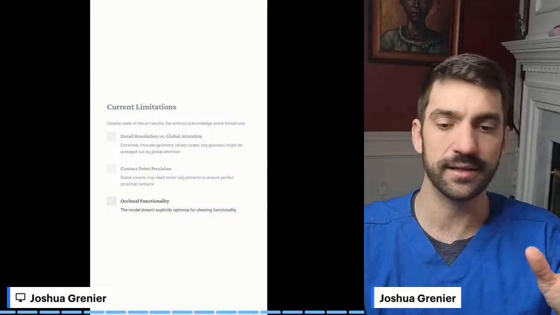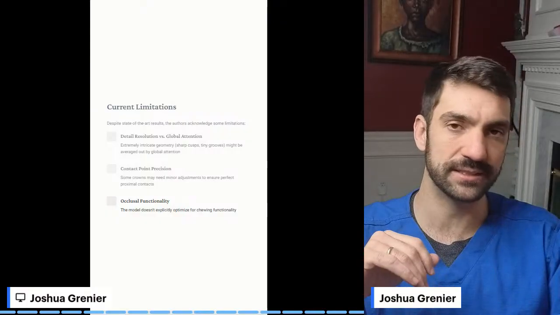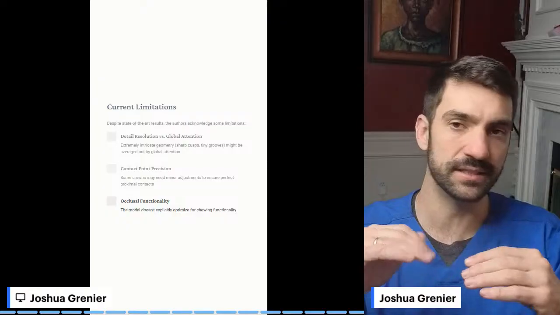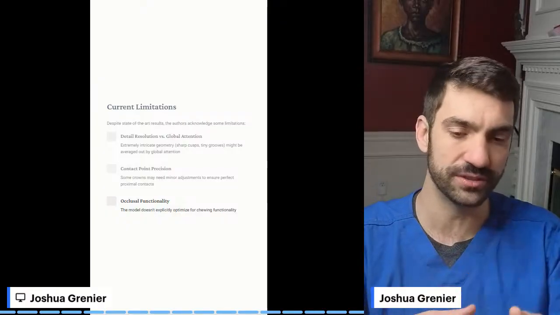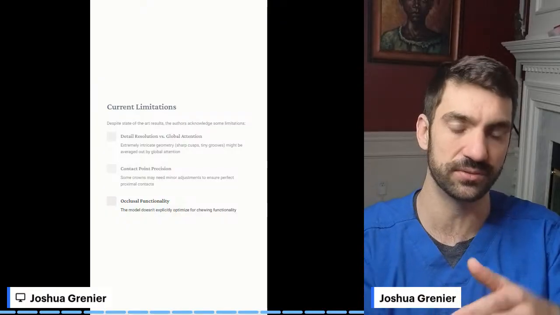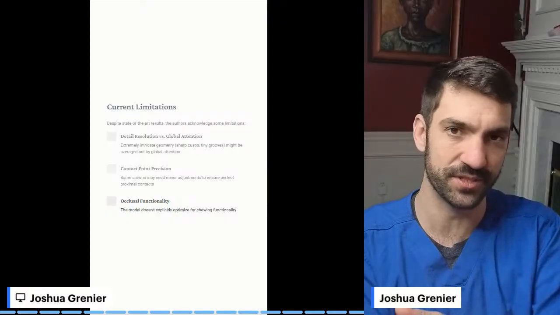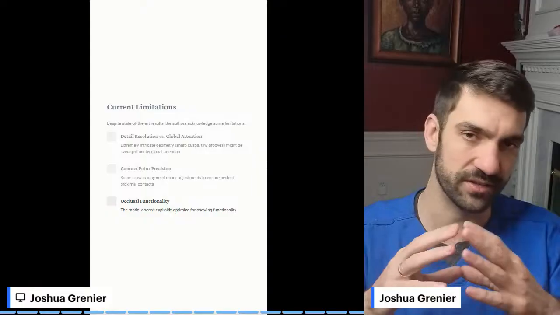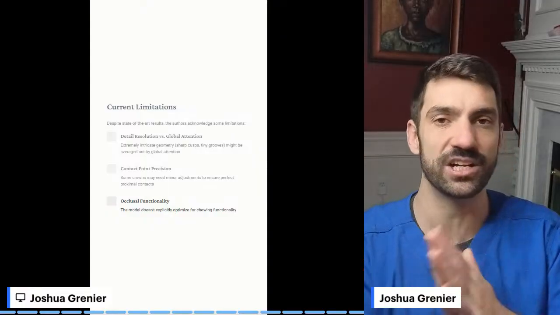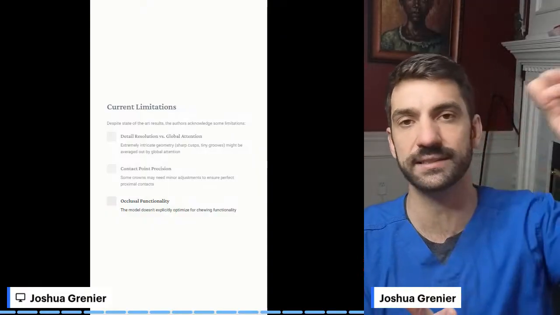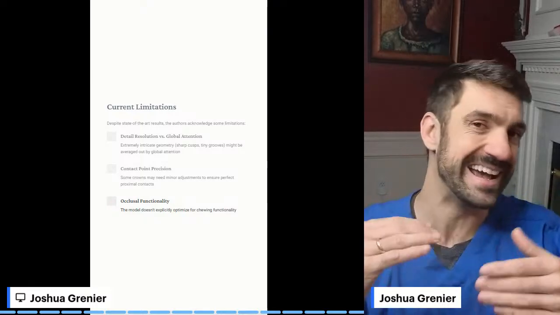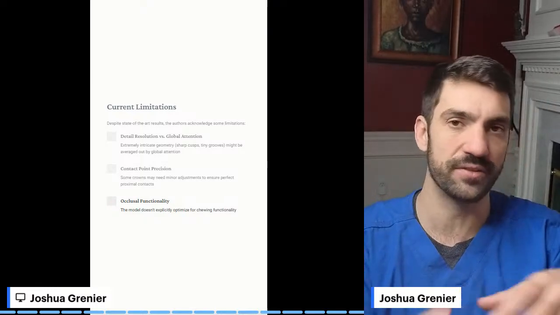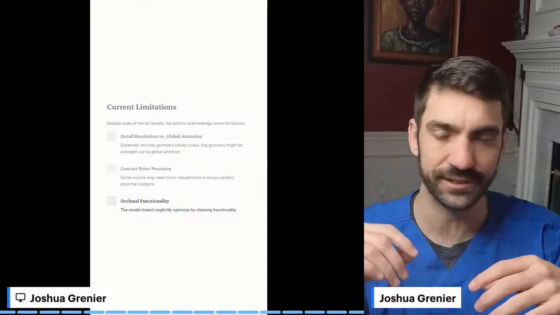When you look at occlusal functionality, the idea of how teeth actually move, that wasn't necessarily included. These were essentially just stamp cusps, which, assuming that's how it's going to go, it's also going to base it on the source of truth. So it's not necessarily looking at how an ideal occlusion would work, or how that would actually work in motion.